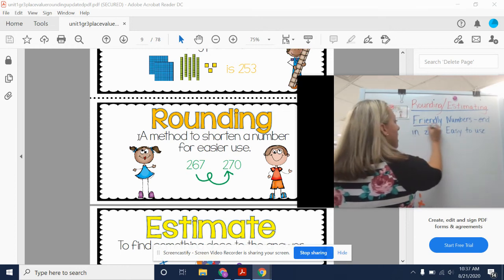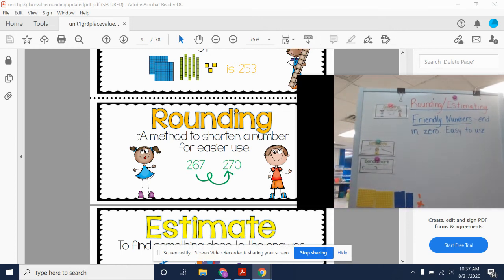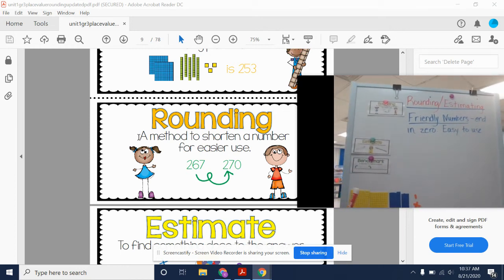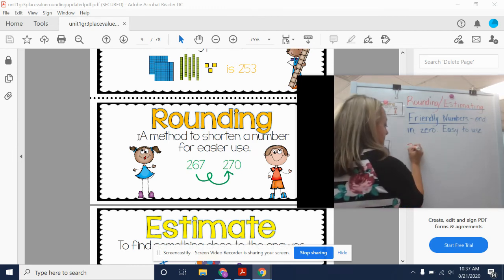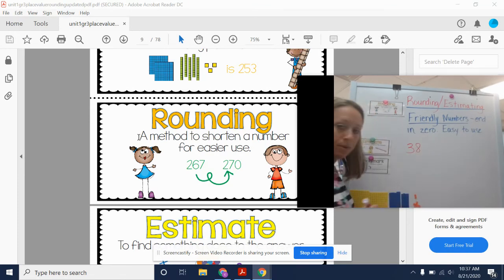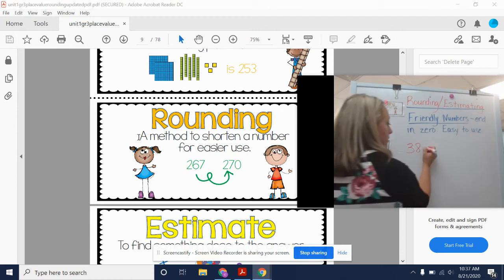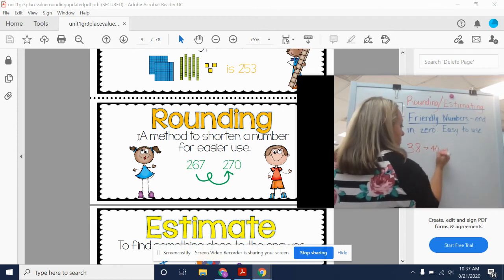So put that in your math notebook, please. Okay? So instead of saying I have 38 kids in my classroom, I'd say I have about 40. It's just easier.